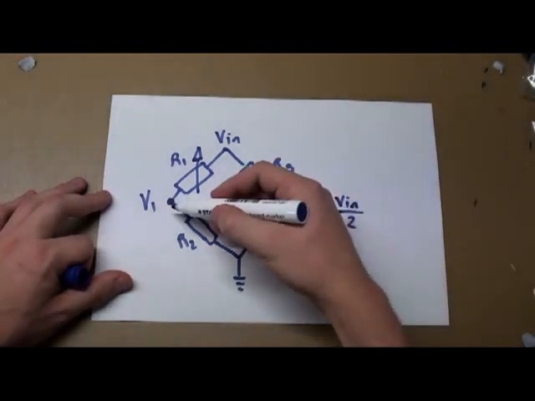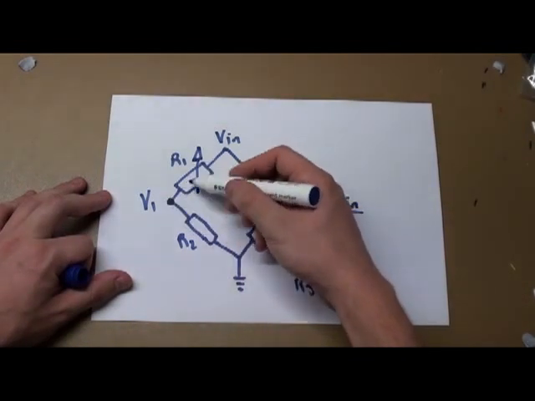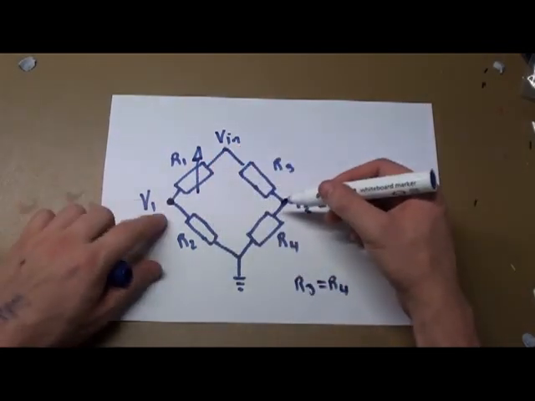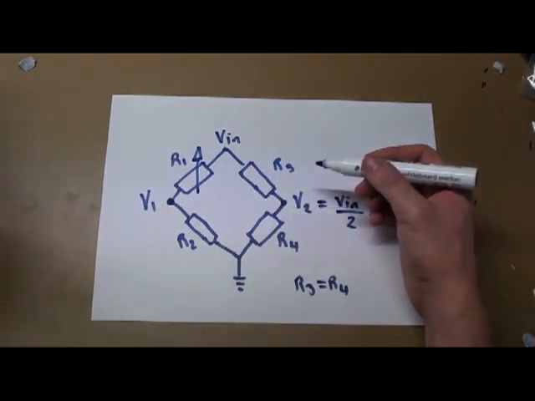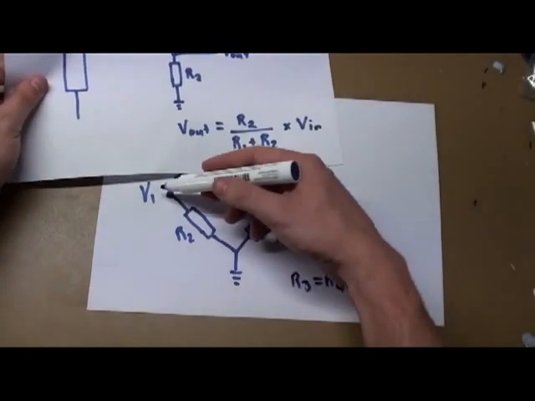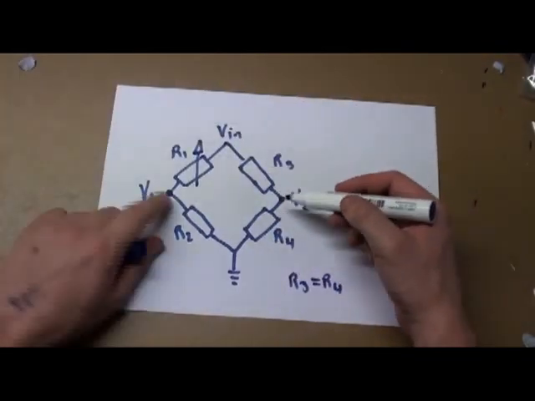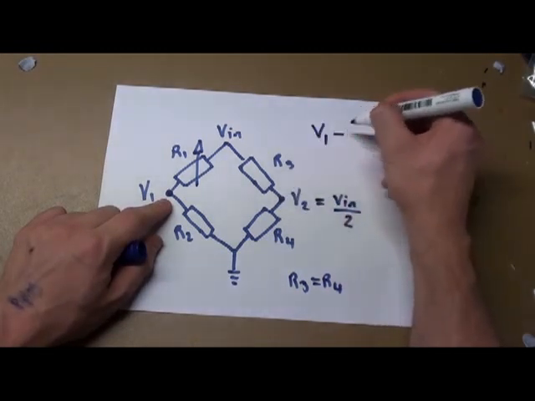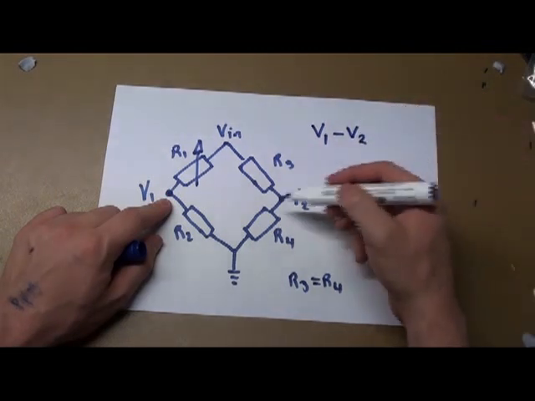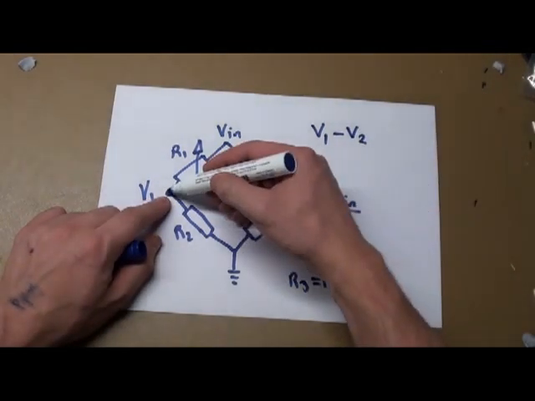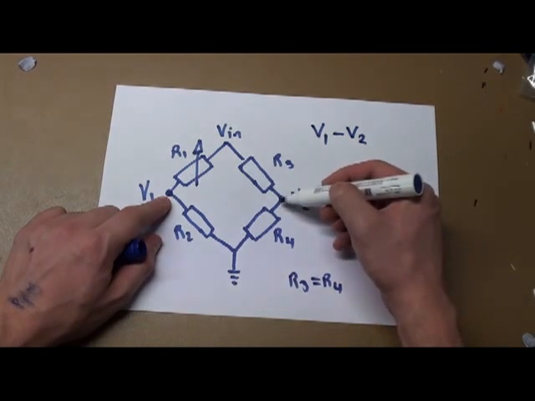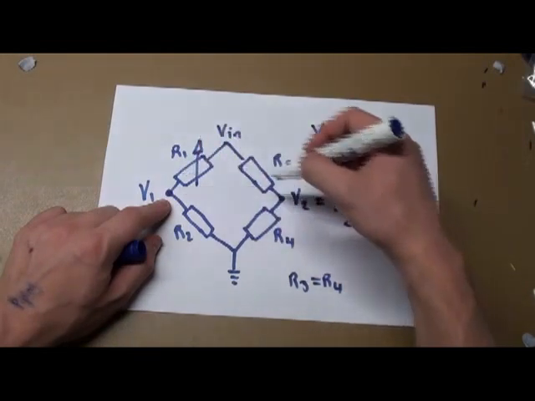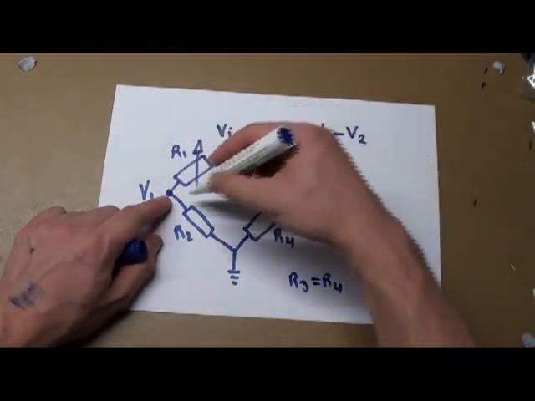This is not necessarily true for this side because this one can change its resistance. But we still know how to calculate the voltage out at V1, and our quantity of interest will be V1 minus V2, the difference in the volts from here to the volts at this reference point. So our signal is really a subtraction of two voltages.